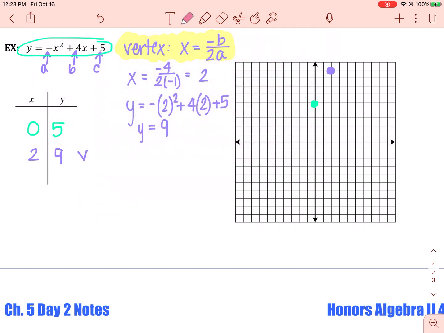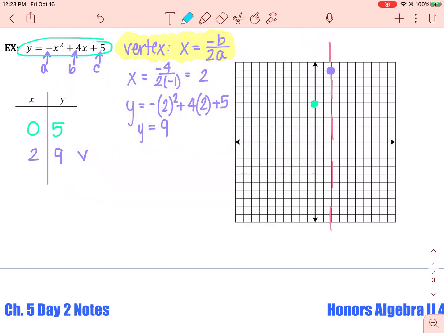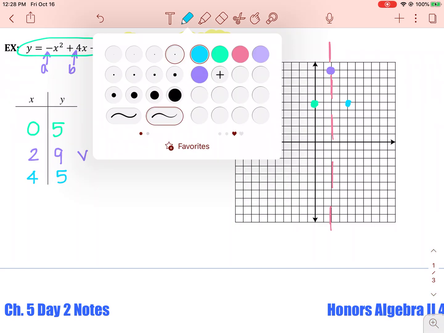Based on my axis of symmetry that goes straight through the vertex, I can find my other symmetric point. It would be right here, 2 units away, on the line y equals 5. So this is 1, 2, 3, 4, 5, and that's my symmetric point.